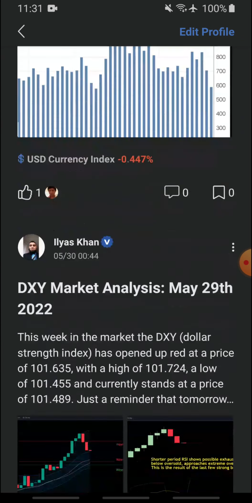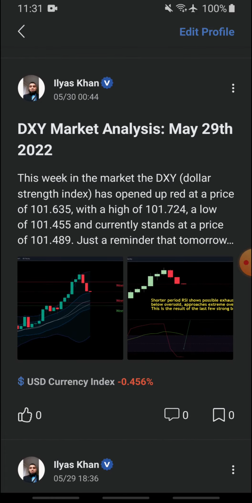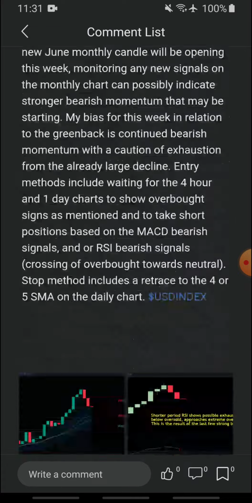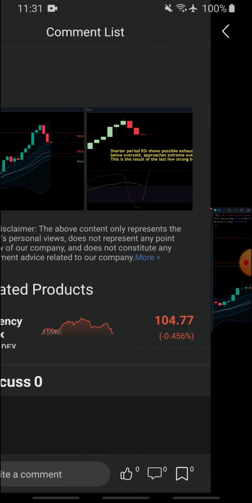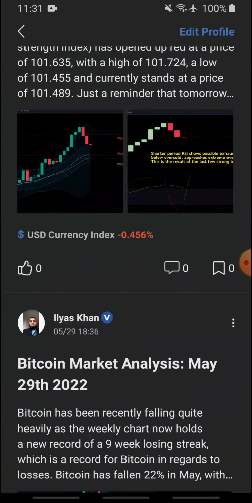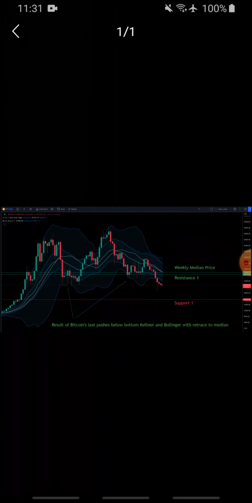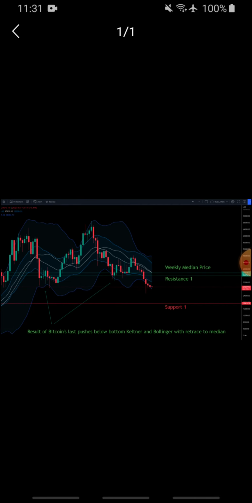There's a lot of fundamental stuff I do as well sometimes, so you guys can check that out. There was a DXY short that I mentioned. That was kind of like the third week into it. A little bit of a Bitcoin, not now, but there's a little bit of a retrace of that median line.